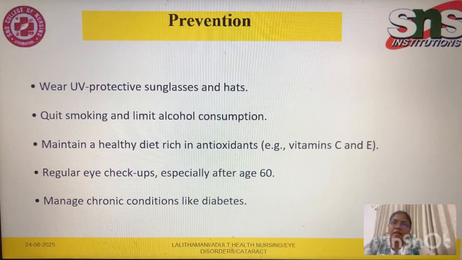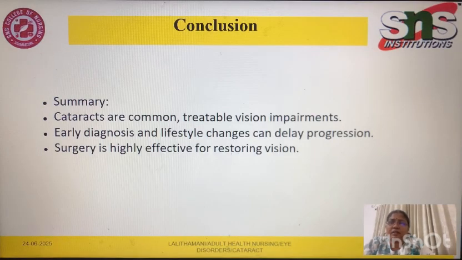Regular eye checkup, especially after the age of 60, will help the patient to identify the cataract in an early stage. Manage chronic conditions like diabetes, and also go for treatment as needed.